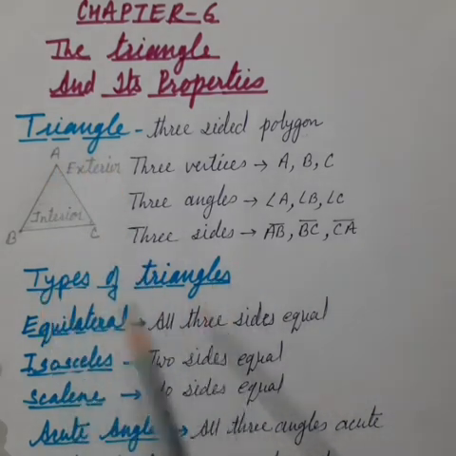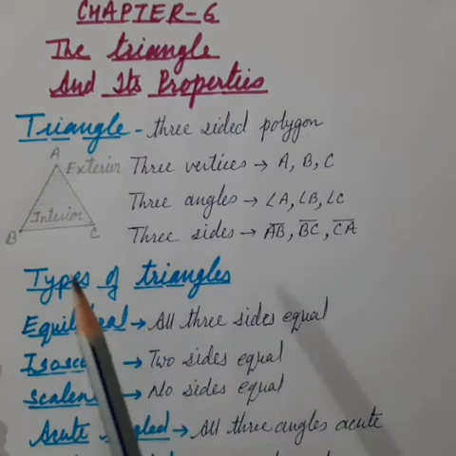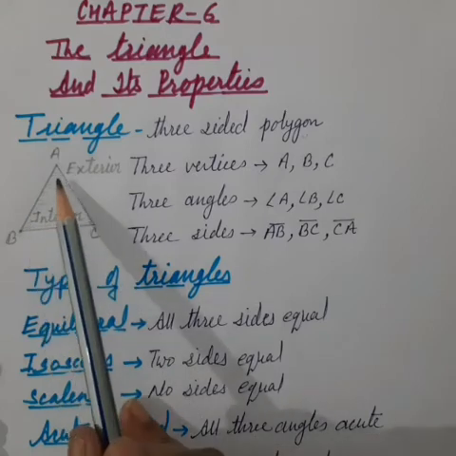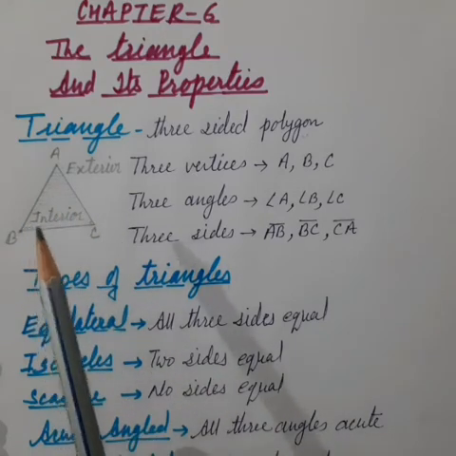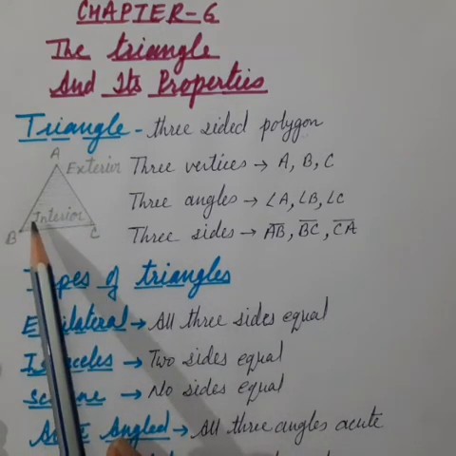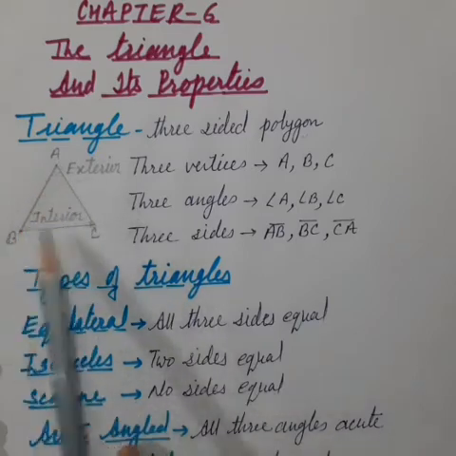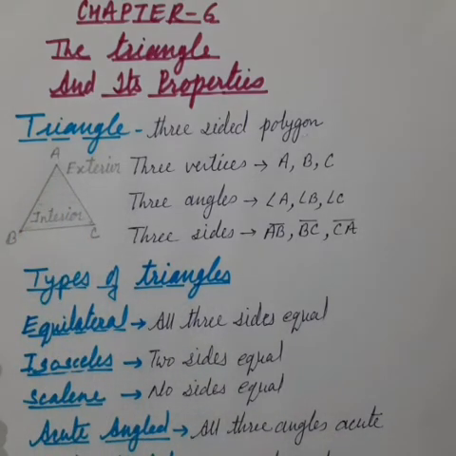Triangles are classified into different types on the basis of the lengths of their sides and the measures of their angles. So its sides and its angles are called its elements. And a triangle has 6 elements, 3 sides and 3 angles.